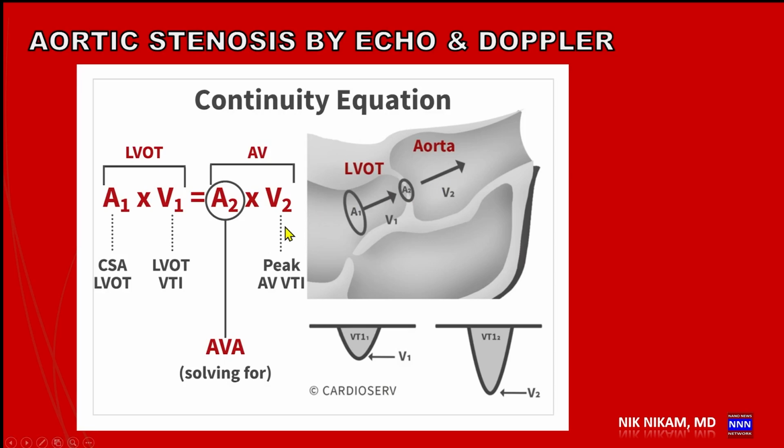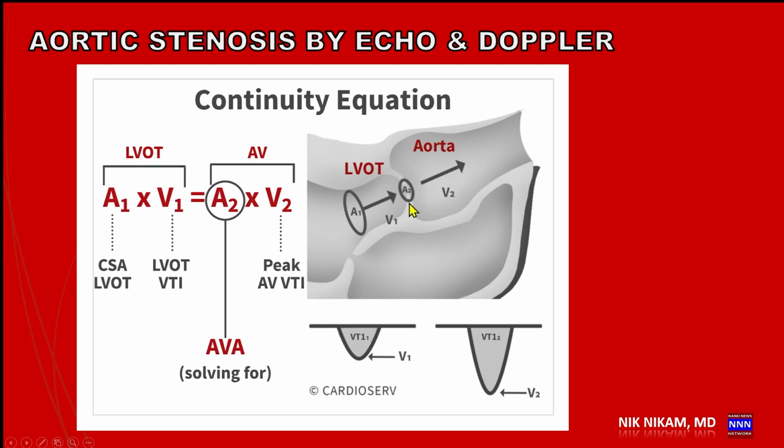In other words, when the blood is being pumped from the left ventricle into the left ventricular outflow tract, it has a certain velocity, which is measured by the velocity time integral, which is VTI. And this velocity is going to change right at the region of the stenosis. So beyond the stenosis, the velocity is going to be significantly higher to compensate for the reduction in the aortic valve area.